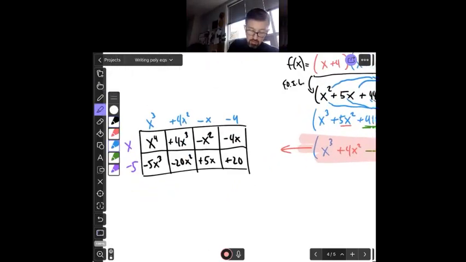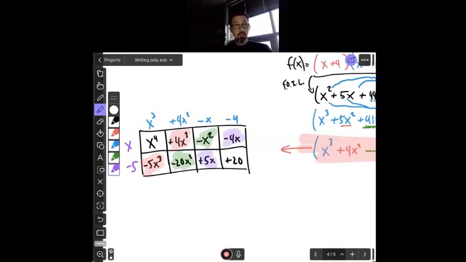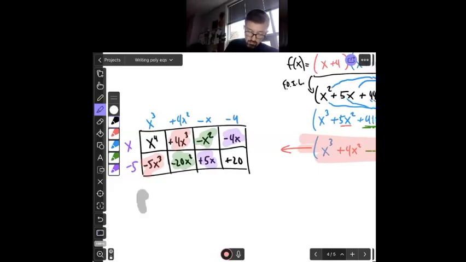Then just like last time, we go through looking for like terms. We got some x cubes, we got some x squareds, we got some x's. So I need to combine all those. So I have that x to the fourth at the very front.